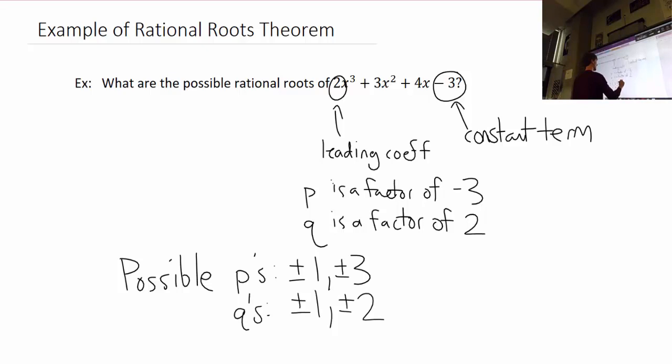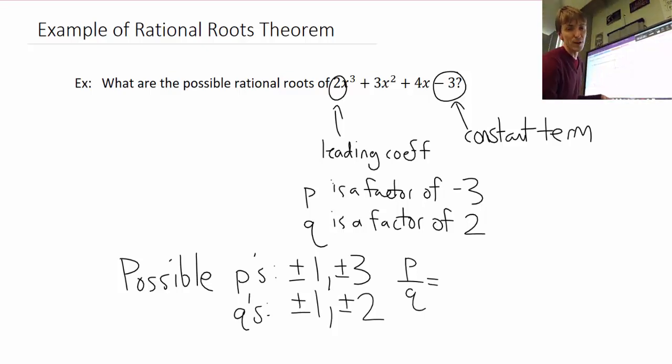Okay, so that means that the P over Q's, there's a lot of possible combinations because I've got 4 P's and 4 Q's, but you don't quite get that many P over Q's because you get certain things like minus over minus, which is the same as plus over plus. So I'm only going to write down the final list after you realize that some of these are actually the same.